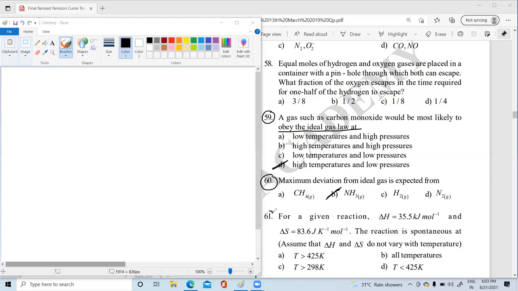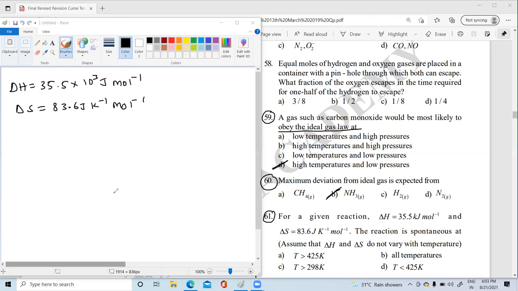Next, question number 61. For the given reaction, del H equal to 35.5 kilojoules, I am converting to joules per mole, and del S they have given as 83.6 joule Kelvin inverse mole inverse.